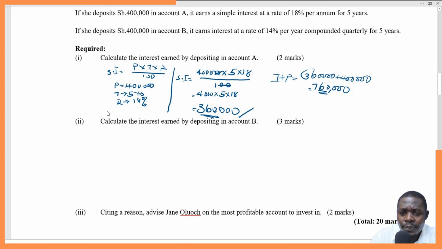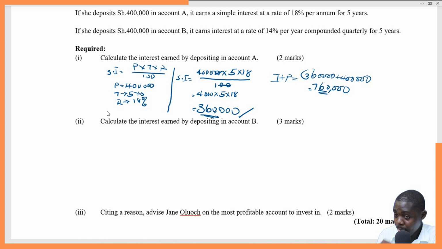Part 2, calculate the interest earned by depositing in account B. Account B, she's depositing on a compound because we are told that 14% per year computed quarterly for 5 years.